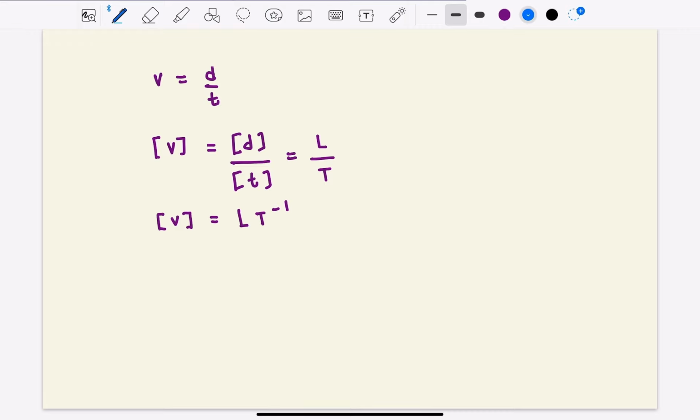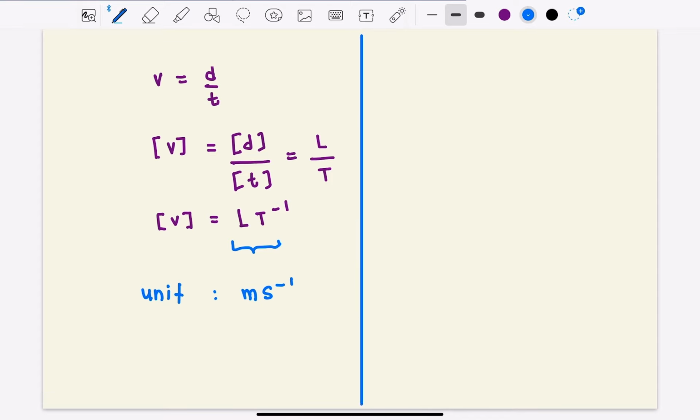From here, we can conclude the unit for V. So L is length, the dimension of length, which is the unit is meter. And T is dimension of time, which is the unit is s minus 1. So the unit of V is meter per second.